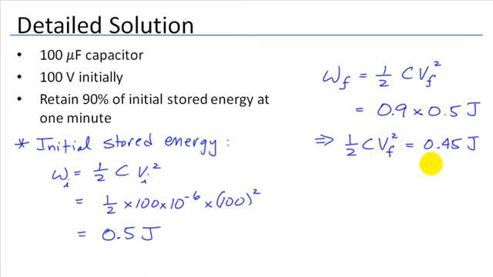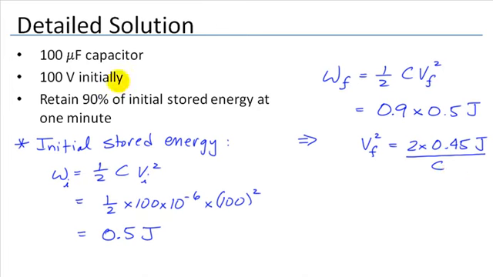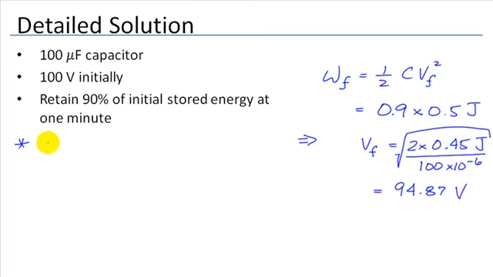I'm going to put the 2 on the other side of the equation, divide through by C. Again, C has the value 100 times 10 to the minus 6. Take the square root of both sides, and resolving that to a number, we have 94.87 volts. So it looks like dropping 10% of the energy means that we went from 100 volts to just a little bit less than 95 volts.